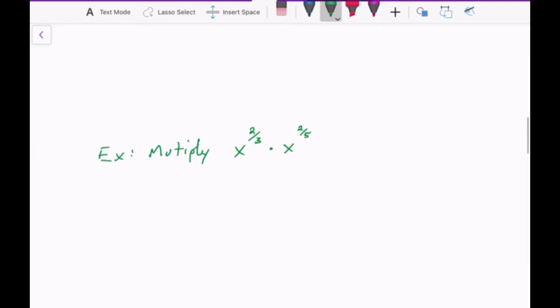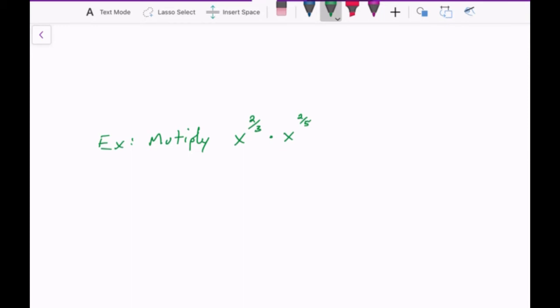Another example of this is if I wanted to solve a problem like this, multiplying two variables with fractional exponents. Well, let's say I can't remember what you do with those exponents, but let me replace those fractions with other numbers, 2 and 3.